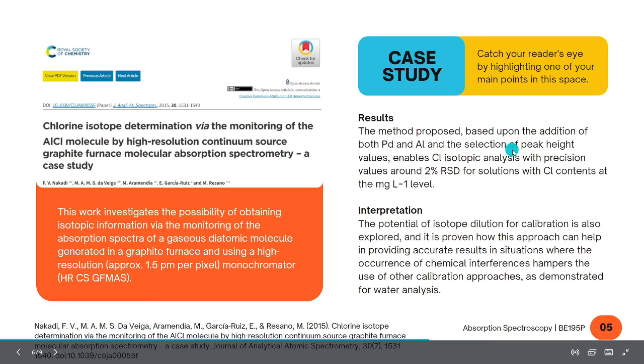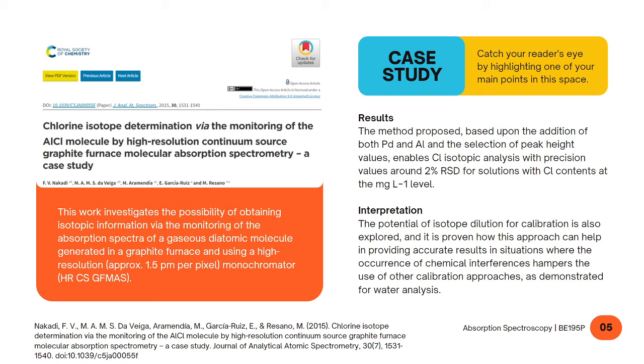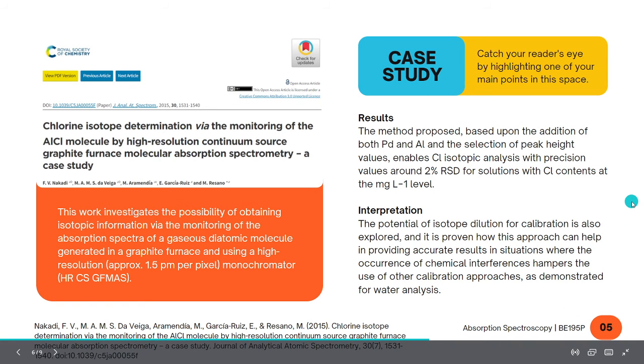The results indicate that the addition of both palladium and aluminum enables chlorine isotopic analysis with precision values around 2% for solutions with chlorine contents at the parts per million level. This basically means that there is potential of isotope dilution for calibration, and it is proven that this approach can help in providing accurate results in situations where the occurrence of chemical interferences hamper the use of other calibration approaches.